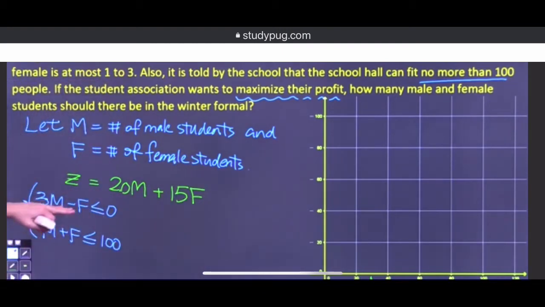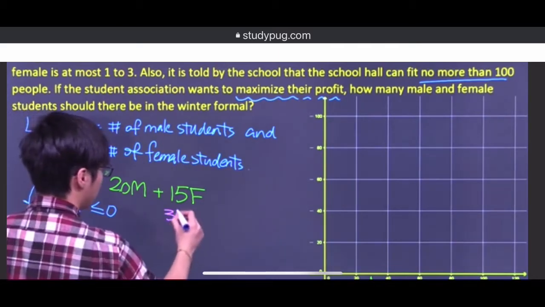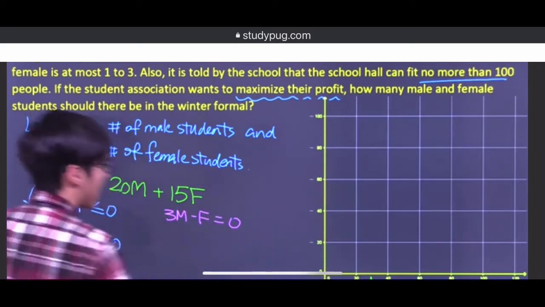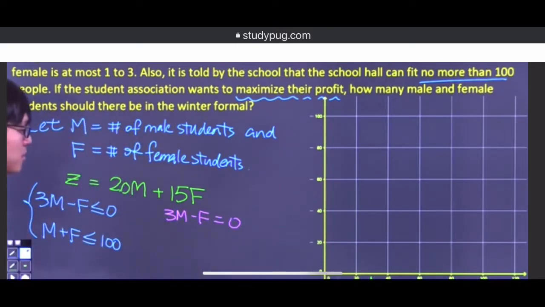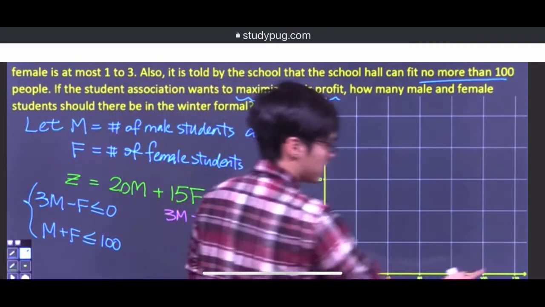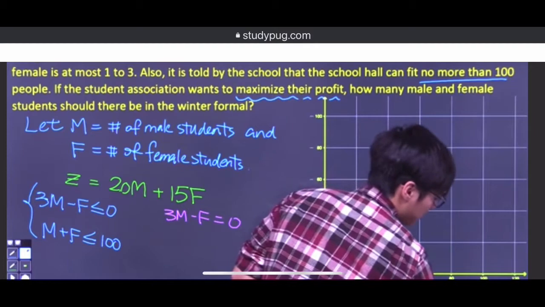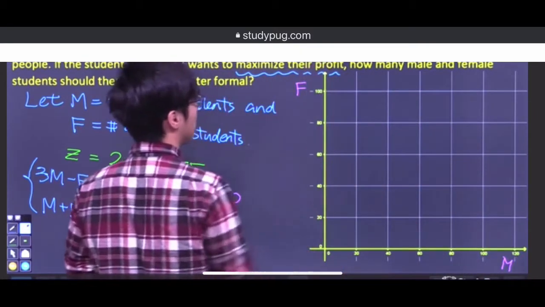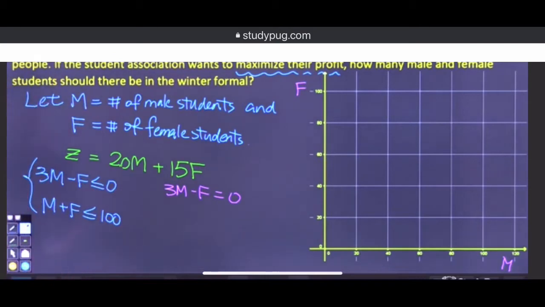So, start off, we have 3m minus f less than or equal to 0. To graph it, let's treat it as if it was equal to 0 first, okay? So now, let's say this horizontal line is our m, which stands for male, and the vertical line stands for female, okay?